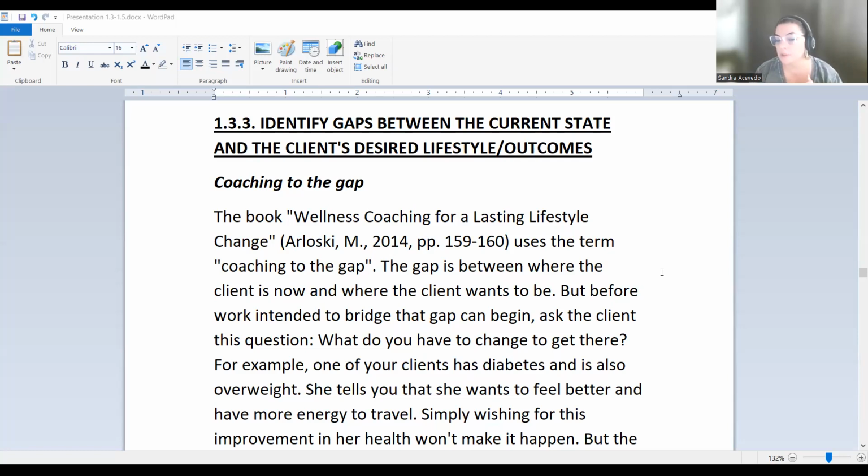I think the point is that you just work with the client to find different ways to bring that vision to life, keeping it positive. So if there is a question on the test about wellness visions, that's the takeaway. I haven't taken the test, so obviously I can't answer it.